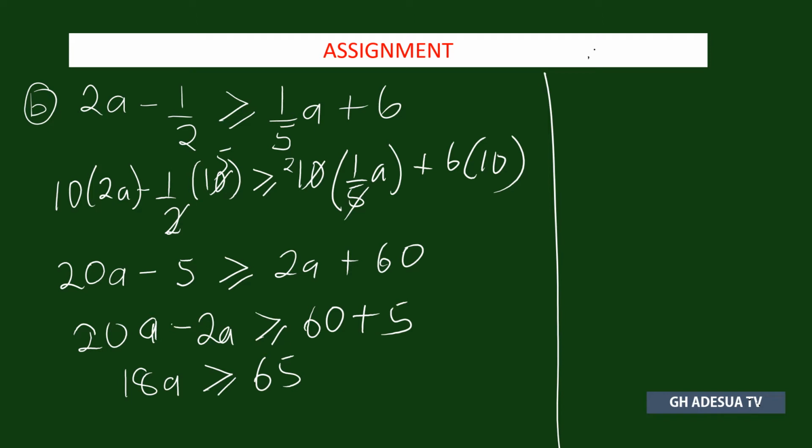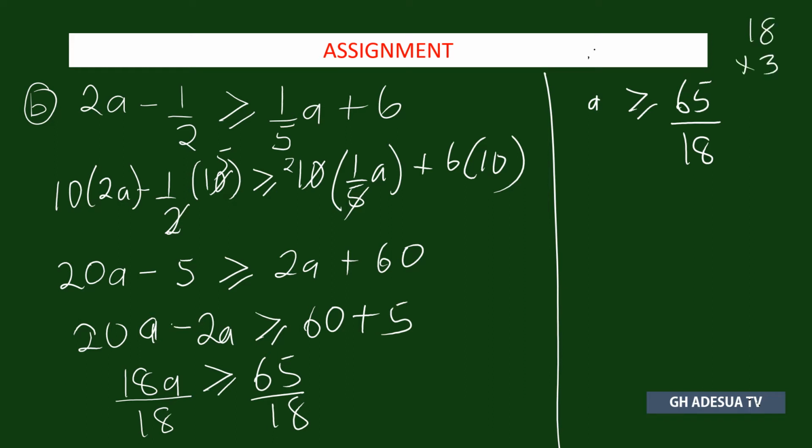Now, to make a stand alone, you divide through by 18. So in effect, you have a is greater or equal to 65 over 18. Now, how many times can 18 go into 65? You know 18 times 2 will be 36. What about 18 times 3? Let's check. 18 times 3 is 54.